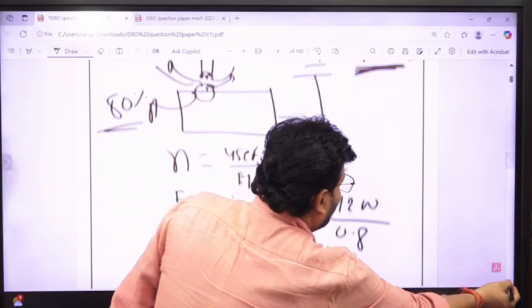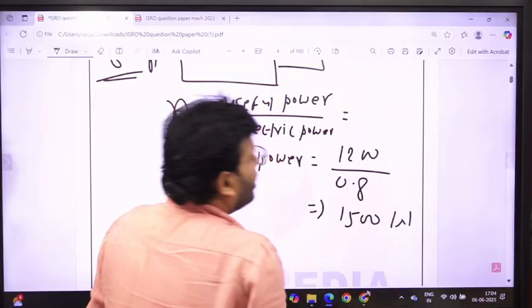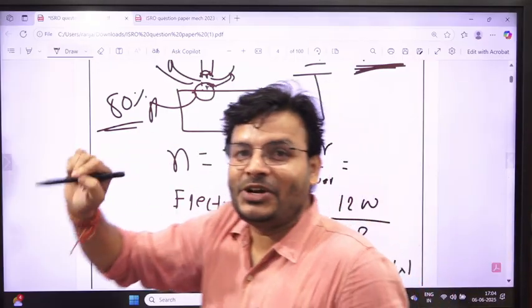By solving that, how much is it coming out to be, my dear friends? 1500 watt. Means you have to supply 1500 watt.